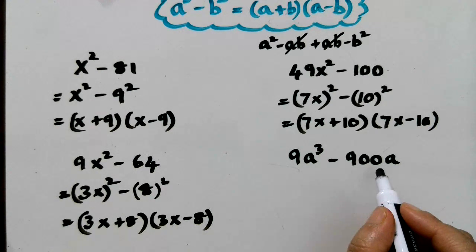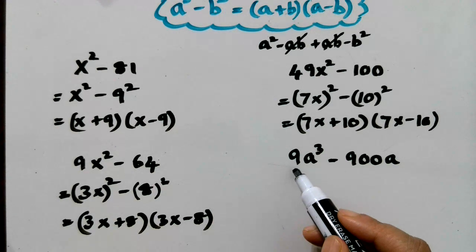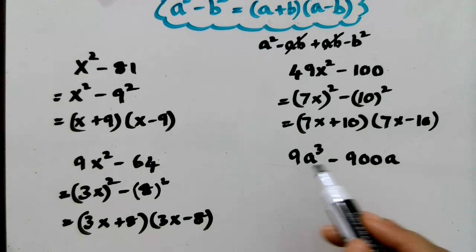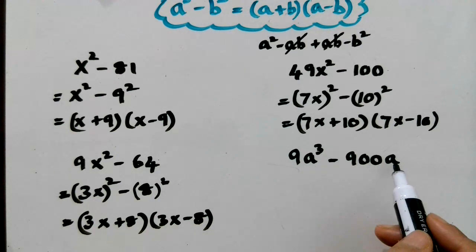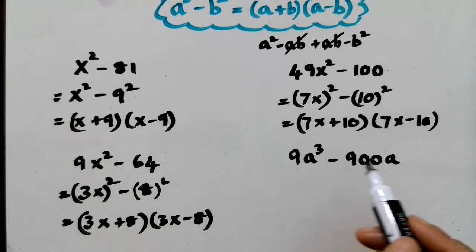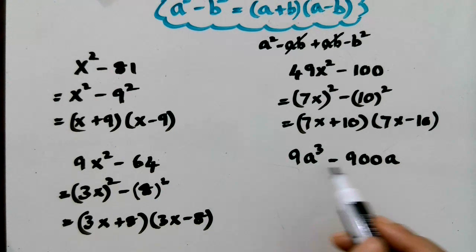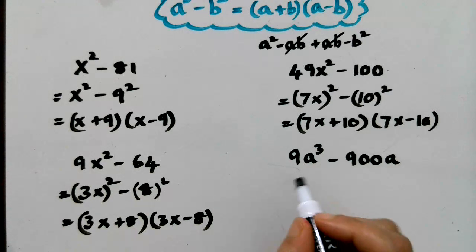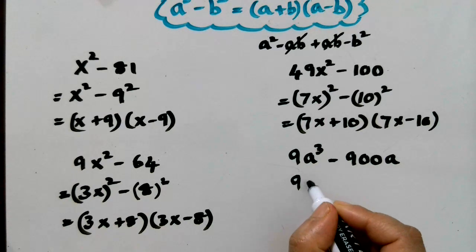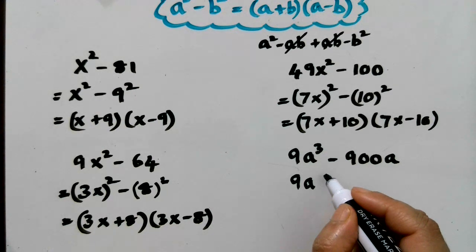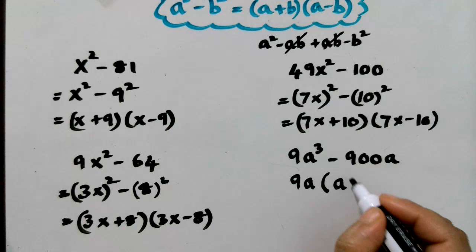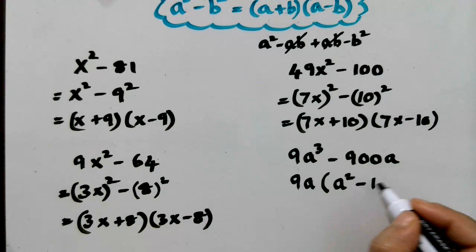But what you see here is a 9, which is a factor for this 9 and 900. And I see that a is common to both the terms. In other words, the GCF of these two terms is 9a. Now, if you take the 9a as the GCF, you are left with a squared minus 100.